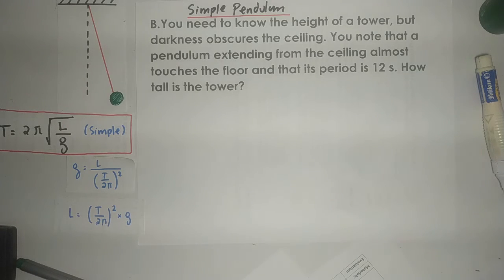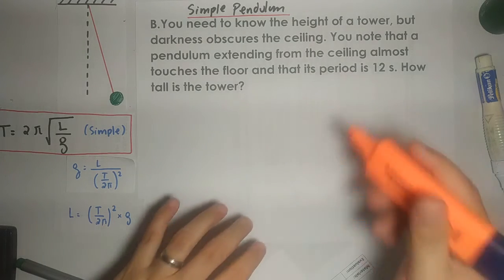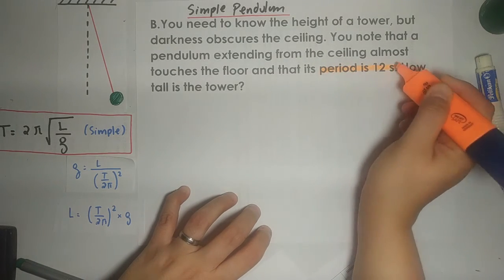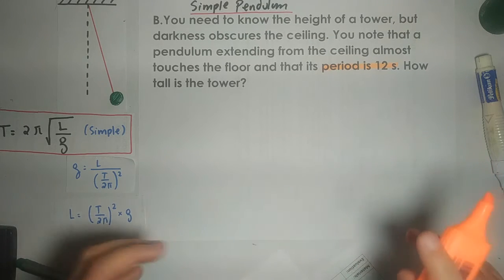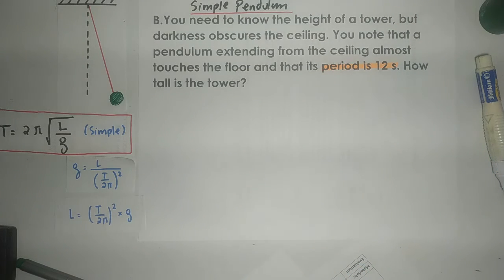Okay. Now, what are the givens in this exercise? It's giving me a period of 12 seconds. Now it's asking me how tall the tower is.